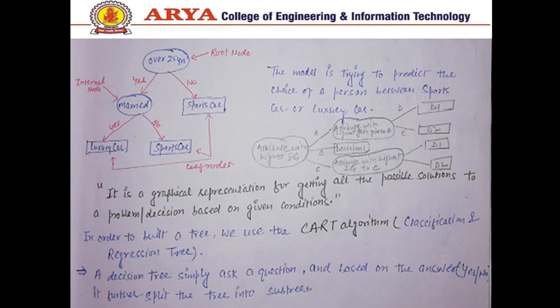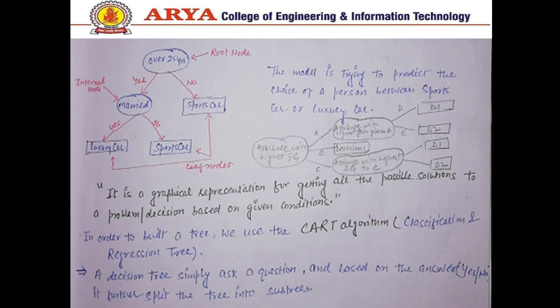These child nodes are further divided into their children nodes and themselves become the parent node of those nodes. Here in this diagram, we can see the structure of a decision tree in which we have root node, interior node, leaf nodes. Now here we have some graphical representation. For example, we have a condition: are you over 25 years?